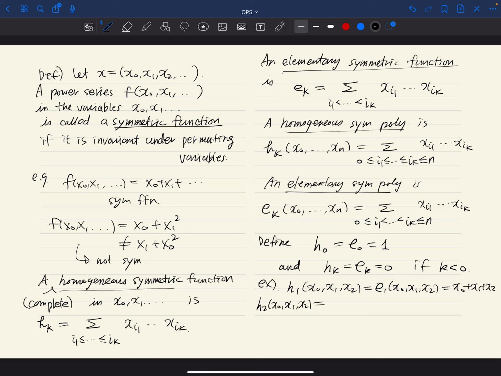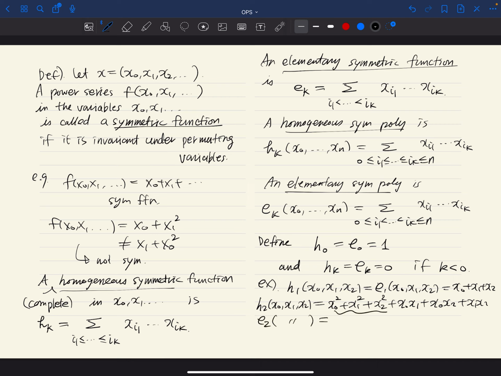There are many ways. So you can select x0 twice, or x1 twice, or x2 twice, or you can select x0, x1, or x0, x2, or x1, x2. So this is a homogeneous symmetric function. What about E2?